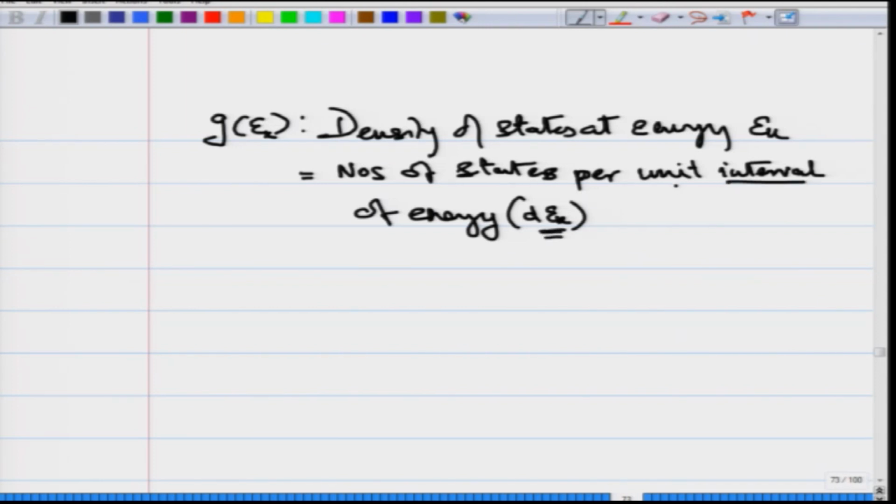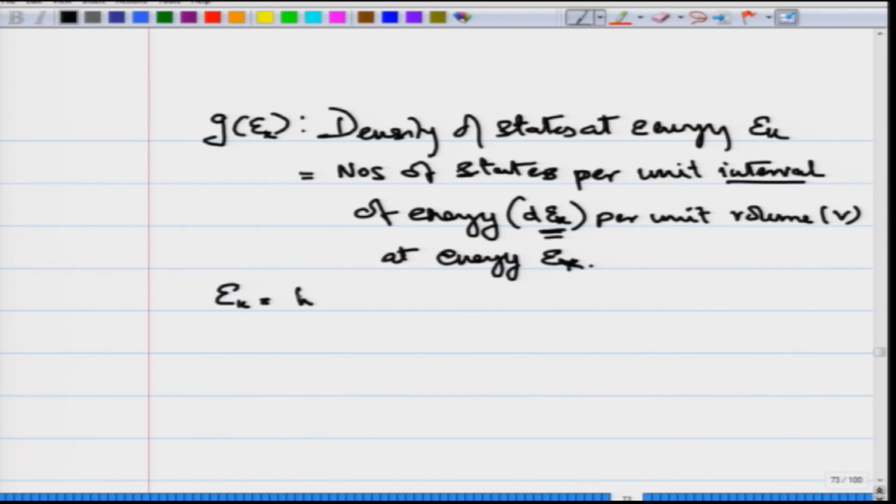So, this is the number of states per unit interval of energy per unit volume of the sample at energy E, where k is the momentum. It is given a subscript Ek because the energy is related to the momentum. Ek is nothing else but h cross square k square by 2m for a free electron.